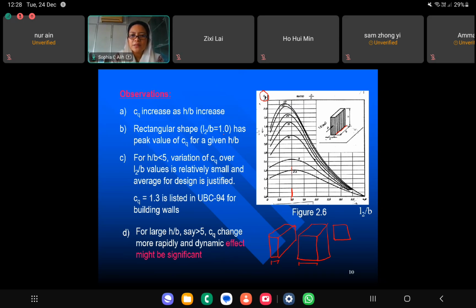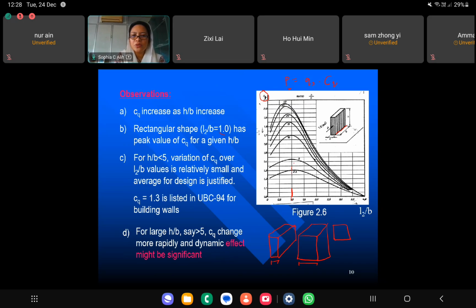The second one, it says for a square shape like L over B equal to 1, it's going to give me the peak value of my CQ. Now, what is the significance of this CQ? Since we have P equal to stagnation pressure times CQ, if you have higher CQ, you have higher pressure. That's what is significant.